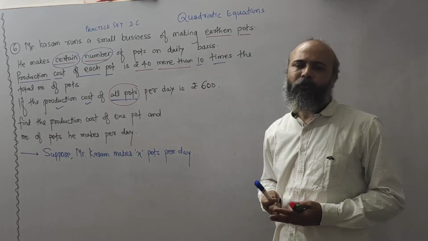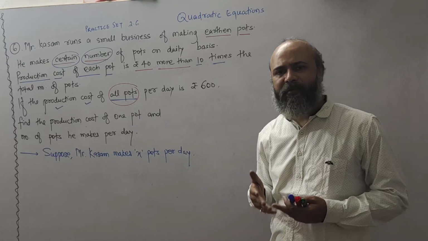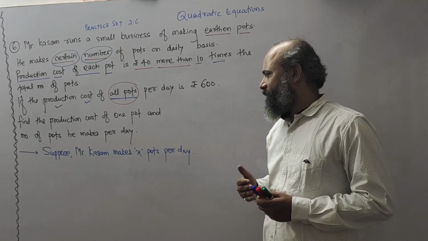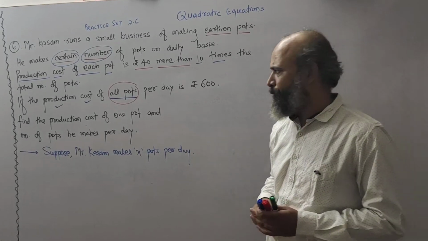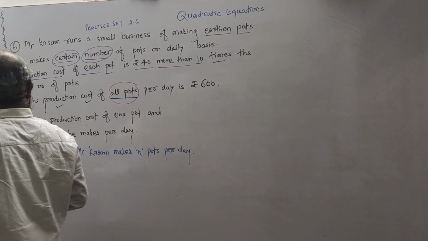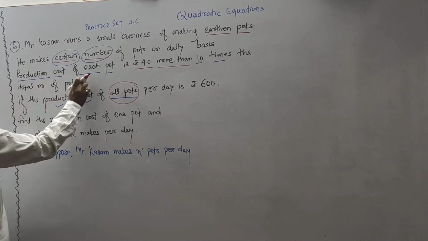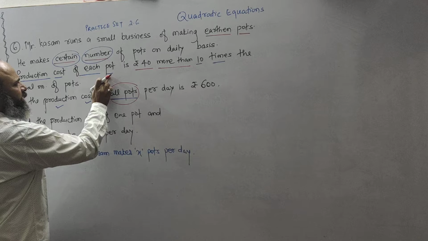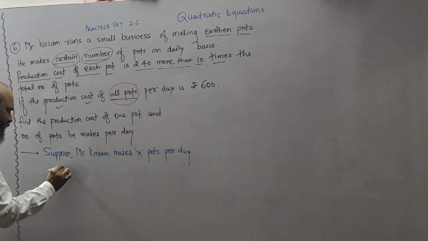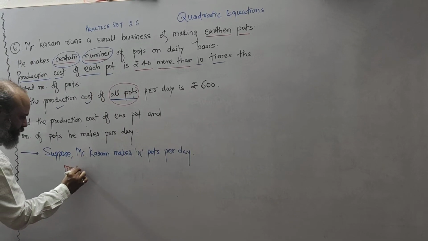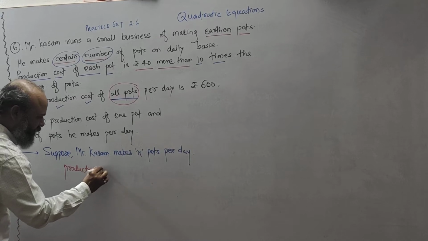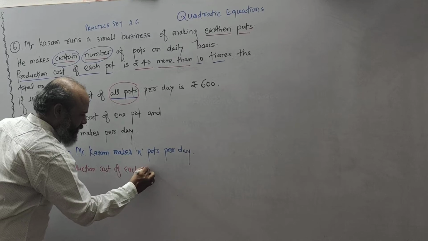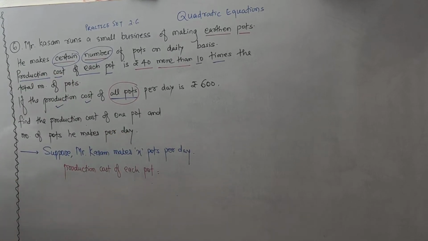We don't know how many pots he makes per day, so we will suppose Mr. Qasim makes x pots per day. And the production cost of each pot is given.